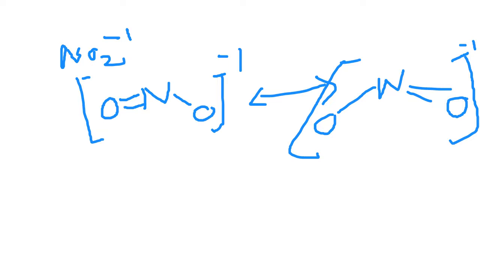Like that. Now, if we consider the electrons: 2, 4, 6, and 2, 8. Here we have one lone pair, so here is 2 electrons, correct? 2 plus 2. Here similarly we have 2, 2, 4.